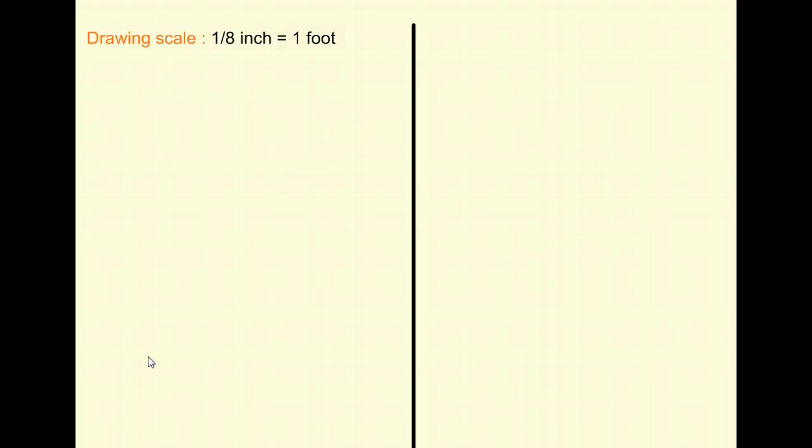You're given one ratio, 1/8 inch equals 1 foot, and you have to determine from there what the real dimension is. So let's do that. We have a scale here: 1/8 inch equals 1 foot.